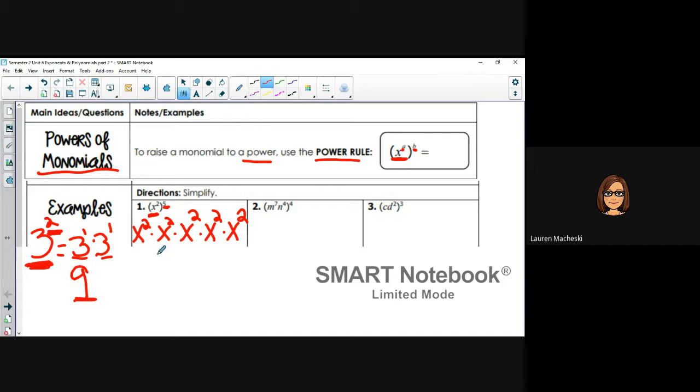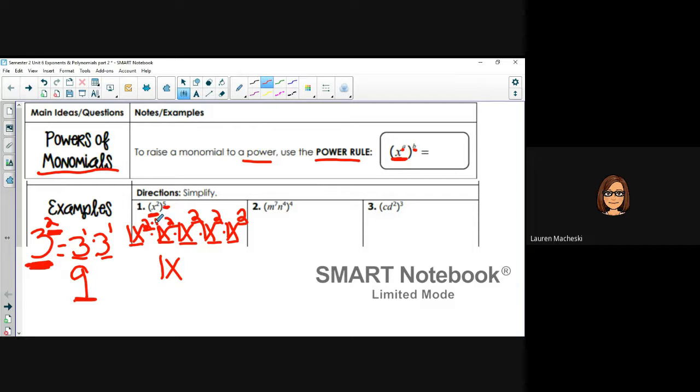Now remember, just like we did last week, you keep the base. All the bases are the same here. I keep the base. There's no coefficient other than 1 in front of them, so technically you would really just have a 1 there. It doesn't matter. And think about what you do with those exponents. You add them.